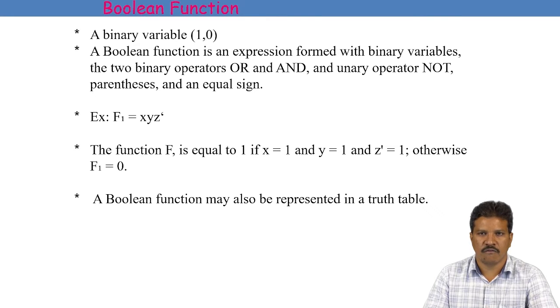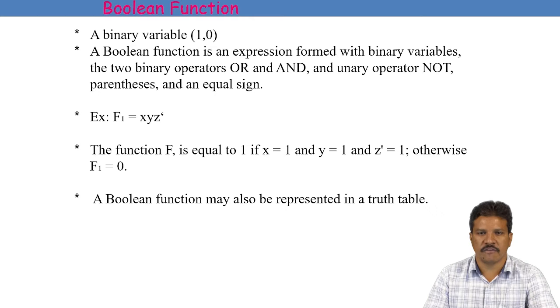Example, f1 is equal to x y z bar. Here we can see three variables x, y and z bar, and x, y, z are combined with the AND operation. They look like a product term.